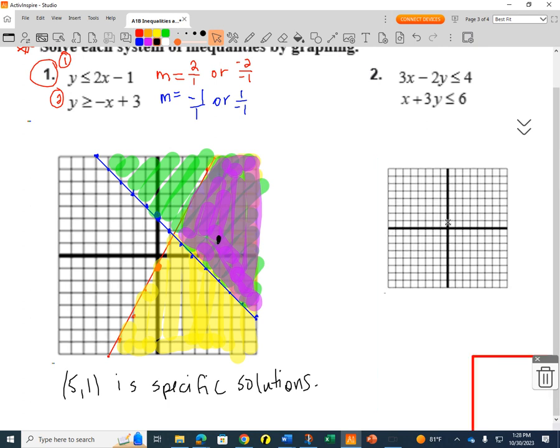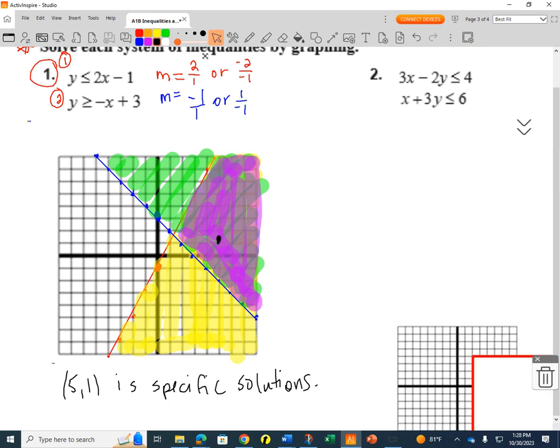So we're going to start by rewriting this first inequality and solving it for y. 3x minus 2y is less than or equal to 4. We should be able to move everything away from that y at this point. We need to get the 3x over there, and then we need to get the negative 2. We're going to always undo that 3x.